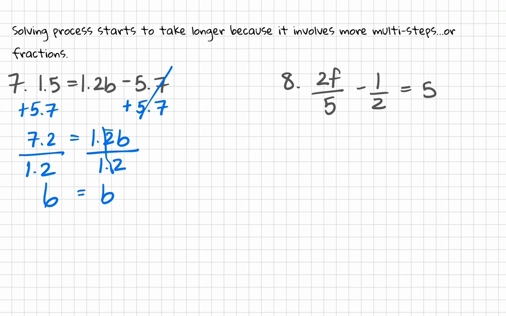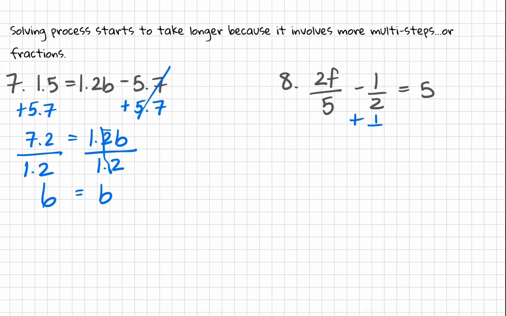8 gets a little tricky. This is more fraction things. So I have 2f over 5 minus 1 over 2 equals 5. I could bring everything over, which is, I'll do that. So let's see. I can bring over the 1/2.